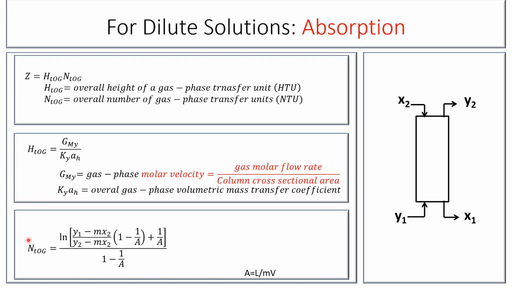So once you calculate the number of transfer units, straightforward using the mass balance, and the height of transfer unit, again straightforward, you calculate the gas molar velocity and the overall gas phase volumetric mass transfer coefficient, then you can calculate the height of the packed bed. The height of the packed bed will be equal to the height of a transfer unit multiplied by the number of transfer units.